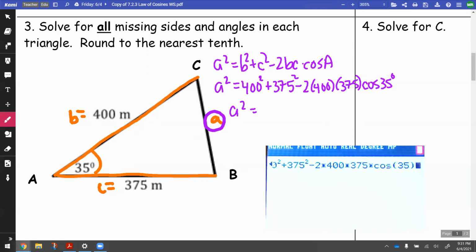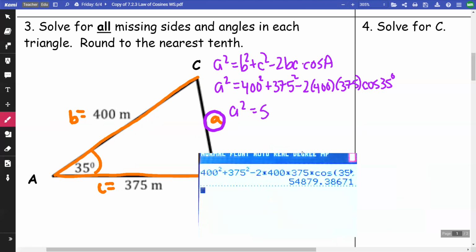And so when I put that in, I end up getting 54,879.39. And then I need to take the square root of that.